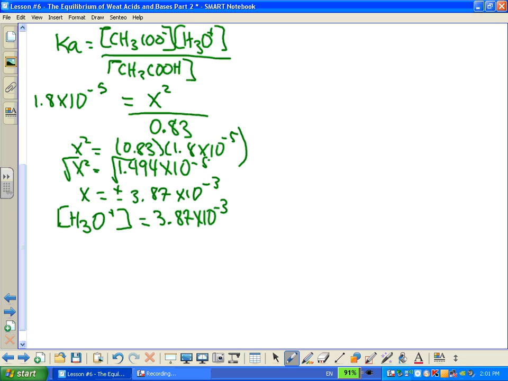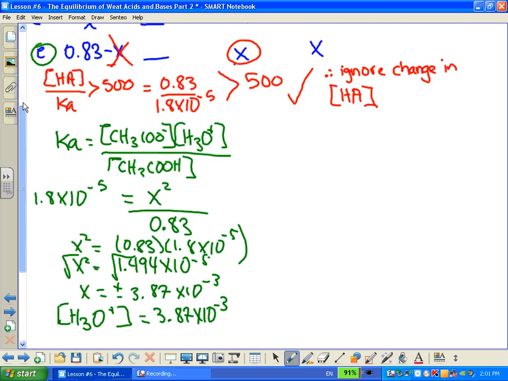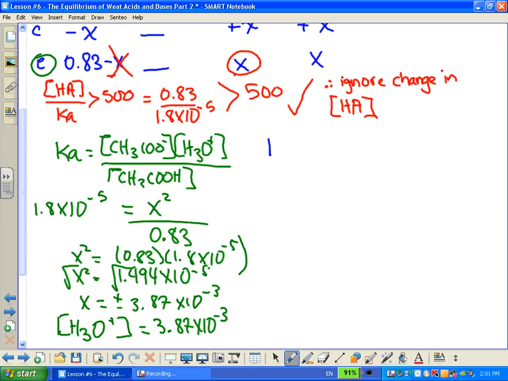So by having that now, we can actually find our pH. So let's do it right beside it. So pH, remember, is equal to the negative log of H3O plus.